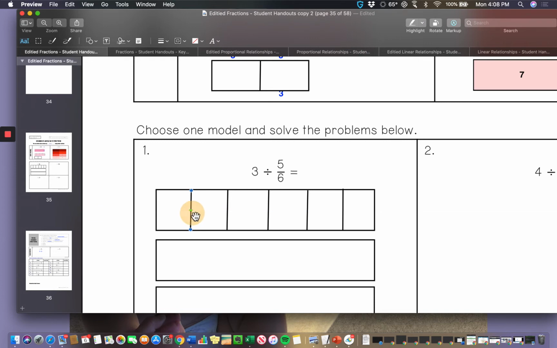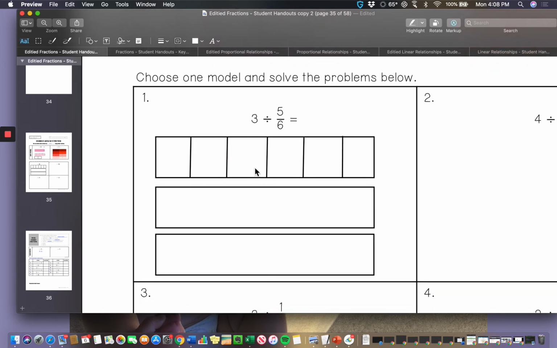Okay? So I'm going to do my best to make these as equal as I can. Alright? So each bar is going to look like that. Now, what I have represented here is 3 wholes that I'm breaking up into sixths.